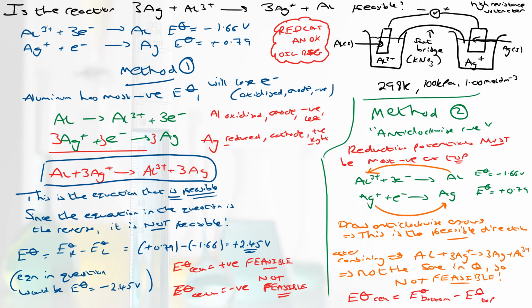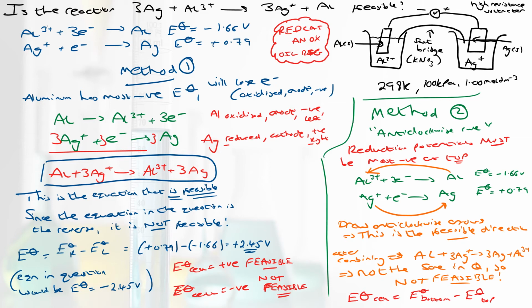So for the silver equation, to get them to balance, we've had to times it by 3 to get 3 electrons. This has made no difference to the E cell value for that half cell. The E cell value for that half cell is still plus 0.79. We've not multiplied that by 3, even though we've multiplied the actual equation by 3. So the E cell values never change in terms of the number.